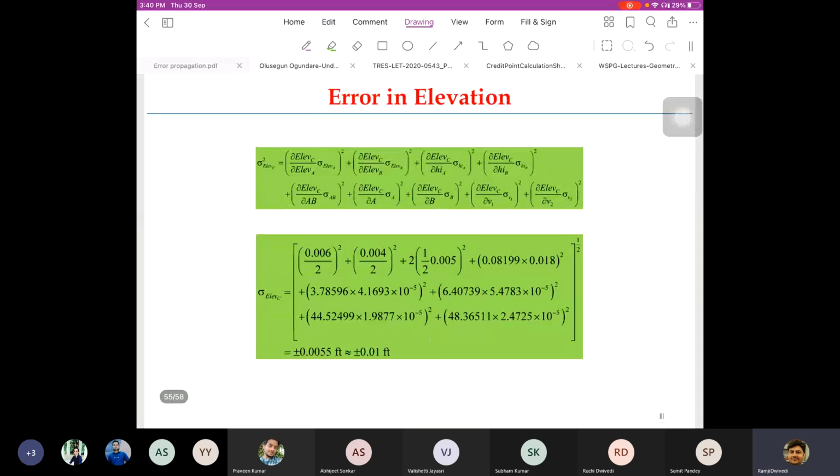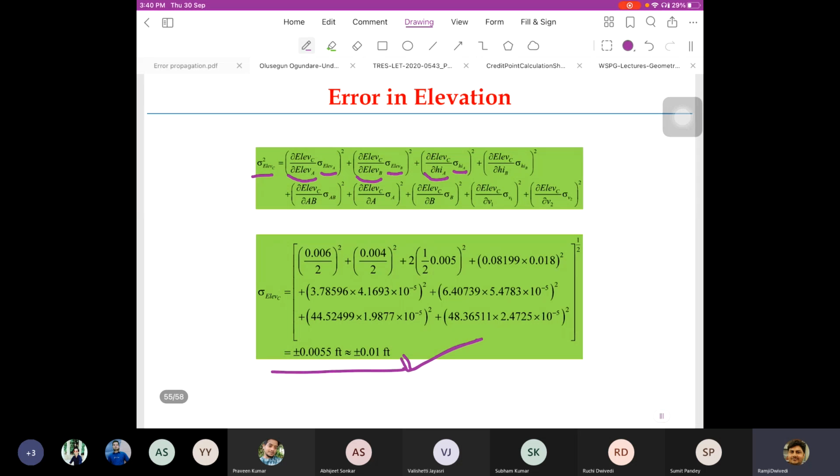So error in elevation, as I've told you, error in elevation would be, you can use Jacobian, it is better, but ultimately that partial derivative and error in particular variable square, another variable partial derivative, error in that variable, another partial derivative with respect to that variable, error in that variable, and you take a square. You get this error.